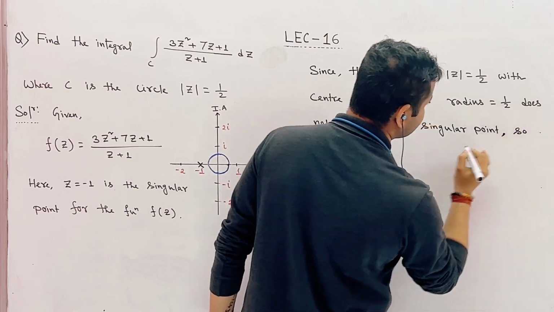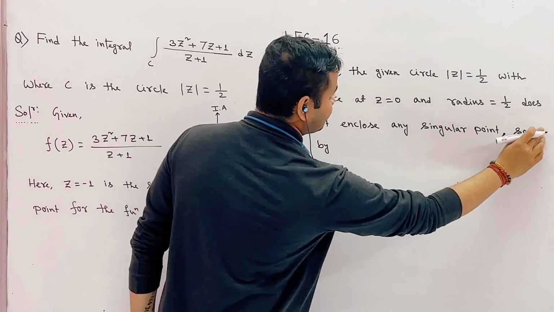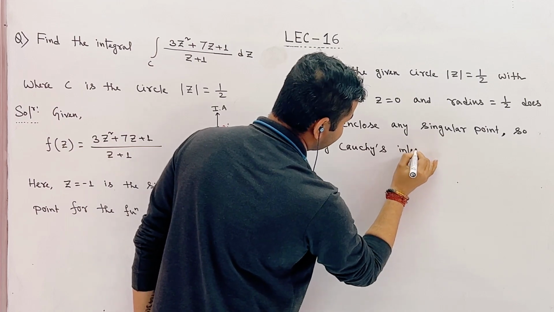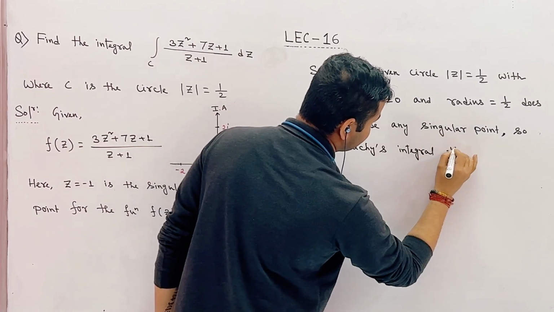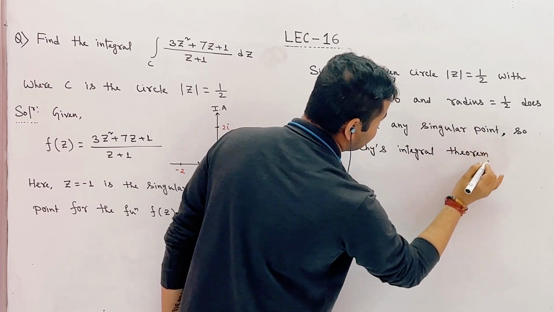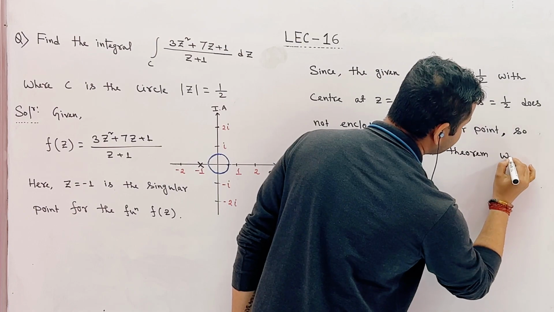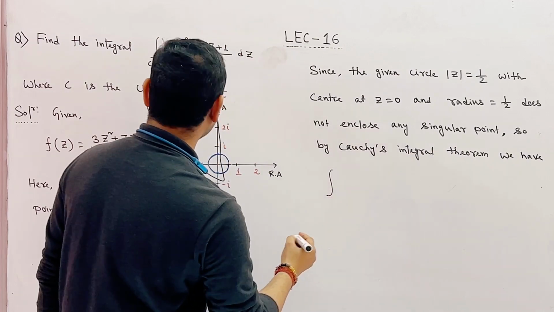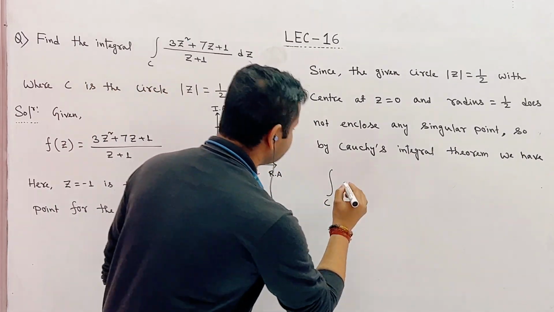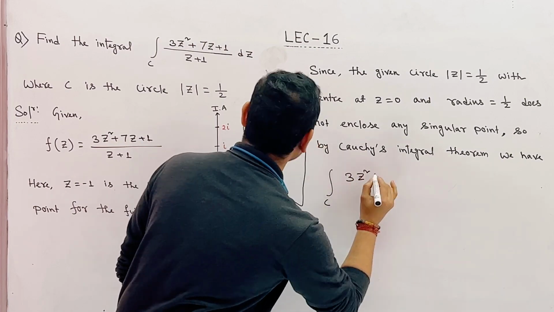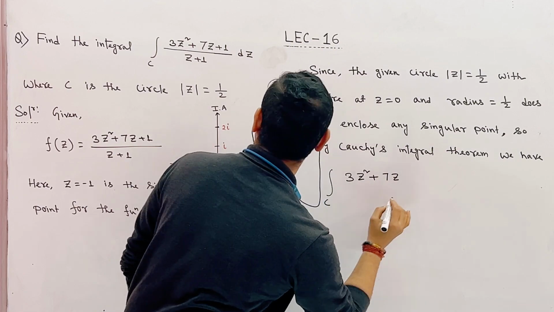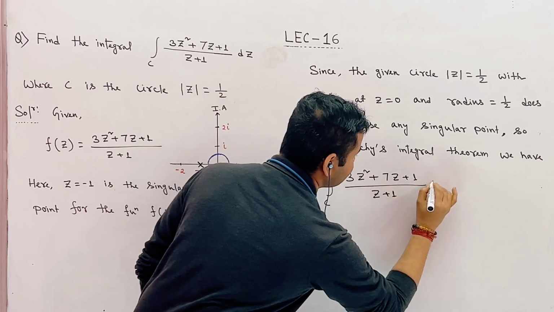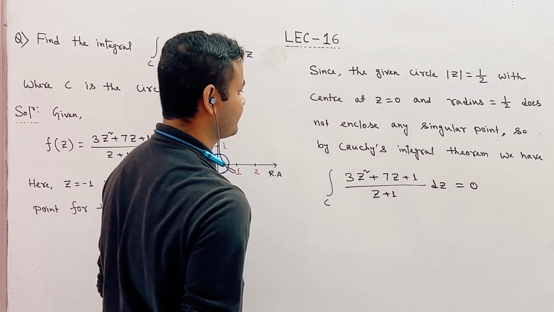So, by Cauchy's integral theorem, we have integration along curve C of 3z square plus 7z plus 1 divided by z plus 1 into dz is 0. Answer.